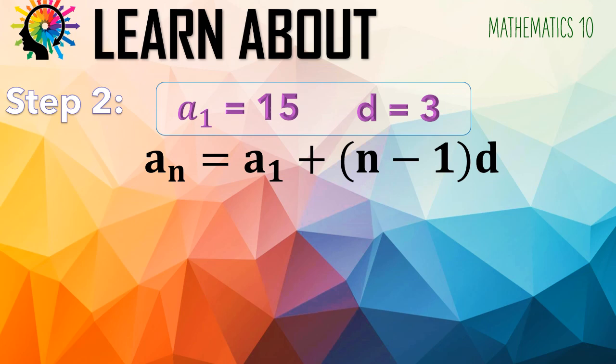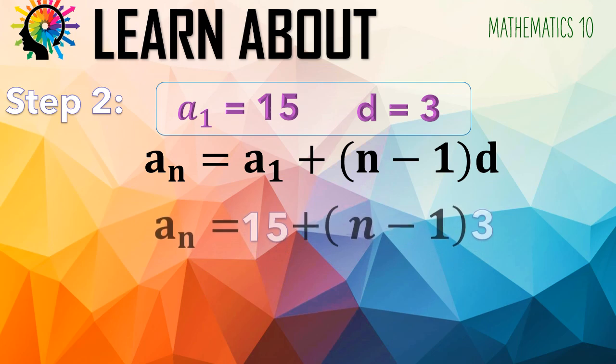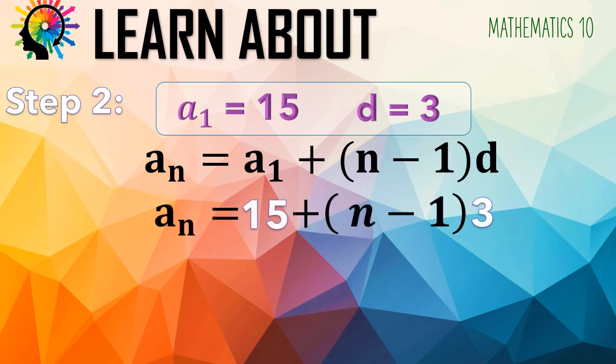Moving on, substituting in our general term for an arithmetic sequence: a sub 1, which is 15, and d equals 3. And then simplify. As you can see, we have a sub n equals 15 plus n minus 1 times 3. Applying the PEMDAS rule, we need to simplify first the quantity n minus 1 times 3.